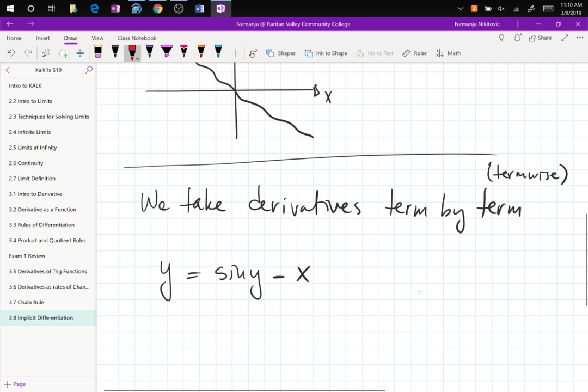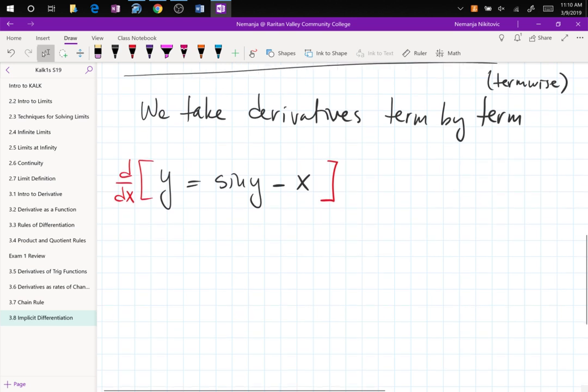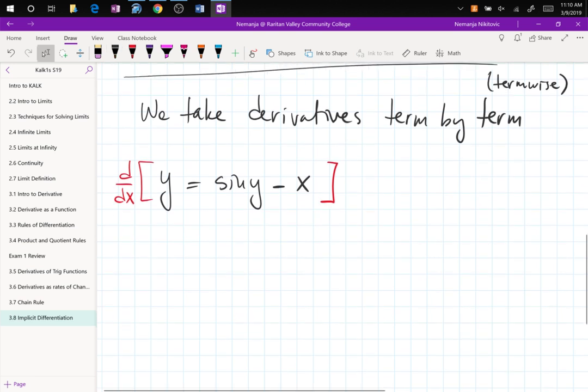And I want to take the derivative of that function with respect to x. It is important to note that you are taking the derivative with respect to x, because you can take the derivative with respect to y as well. But let's do the x. So now, what is the derivative of y with respect to x? Well, y is a function of x, so it must be dy dx.